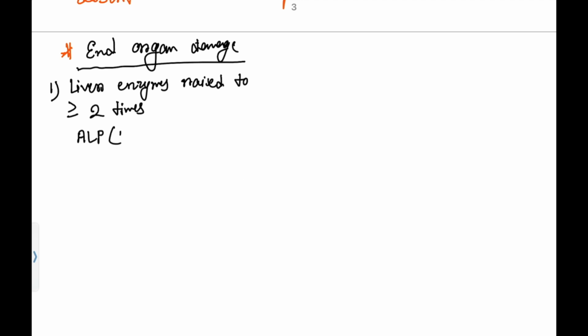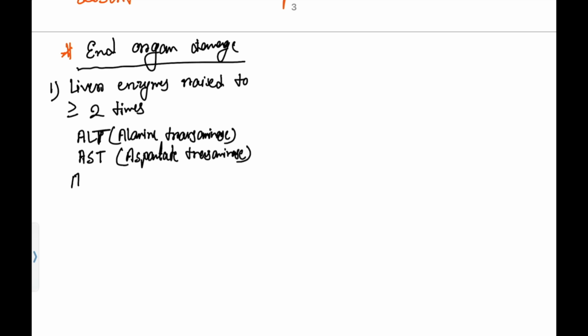So ALT means alanine transaminase. Okay, and what else are liver enzymes? AST, aspartate transaminase. Okay, and what else? ALP, alkaline phosphatase.